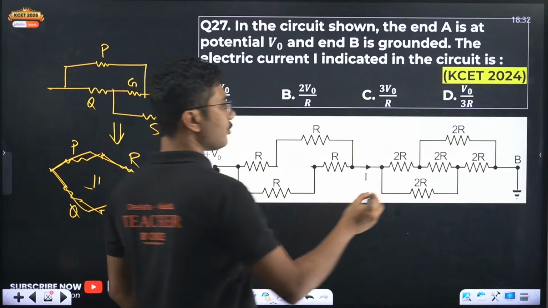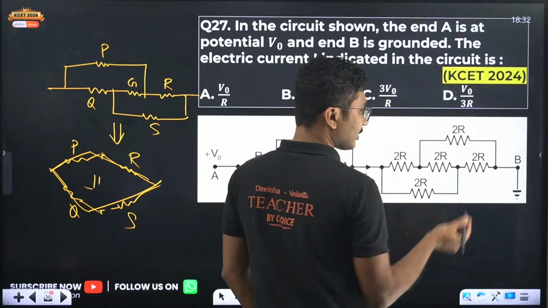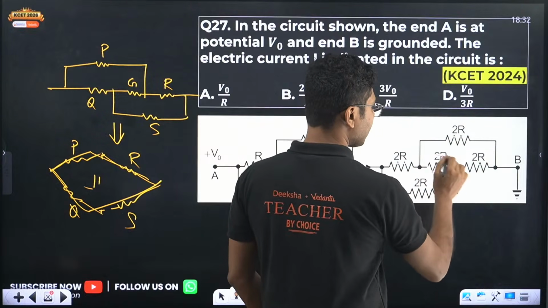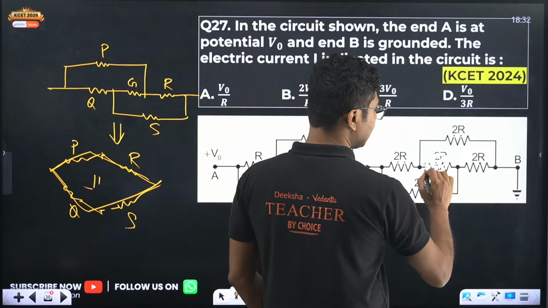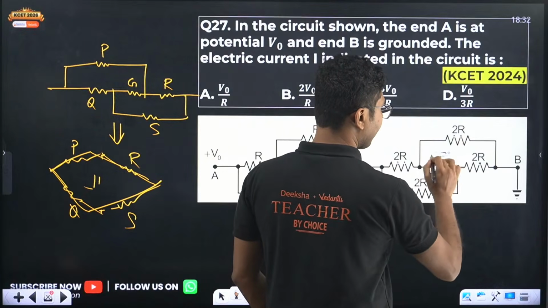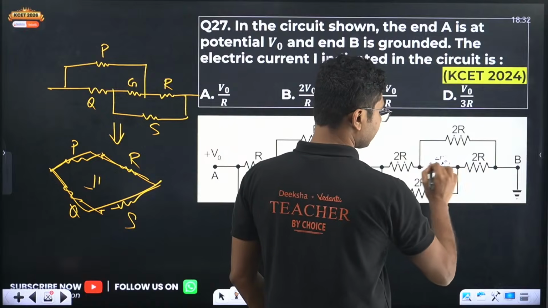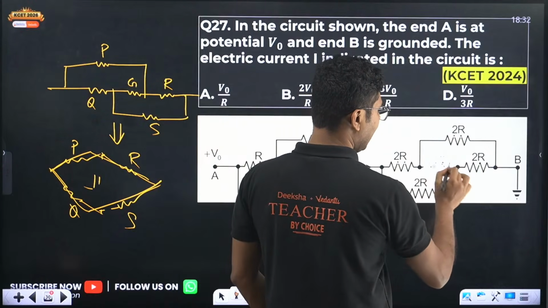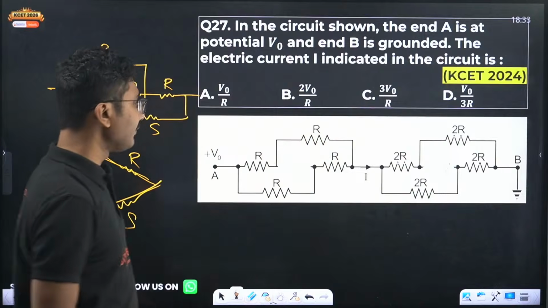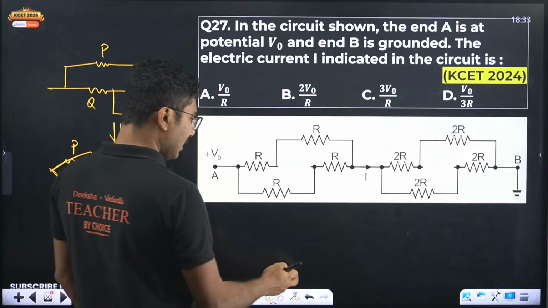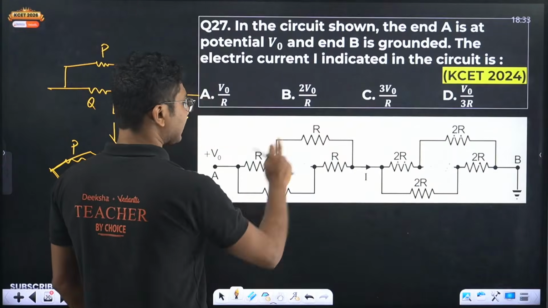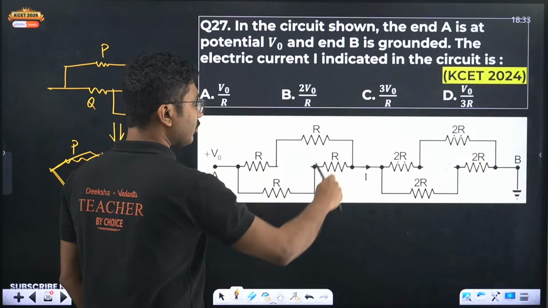Similarly, if you see this portion also, this is another Wheatstone bridge, 2R, 2R, 2R, 2R. This is also a balanced Wheatstone bridge. In any balanced Wheatstone bridge, the current through the galvanometer is 0, so the galvanometer can be simply deleted. Now if you find the equivalent resistance, it will be R plus R, that is 2R. Here also R plus R, 2R.